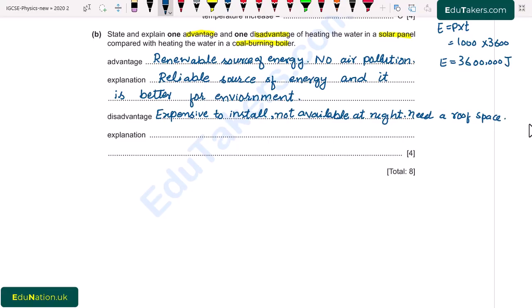Explanation: it is inconvenient and its availability is limited. And only those with enough space can have it.